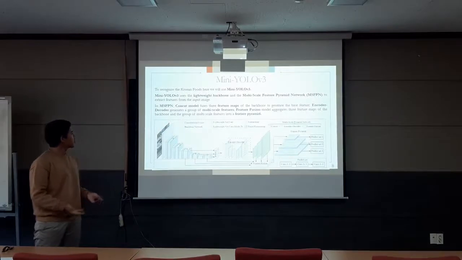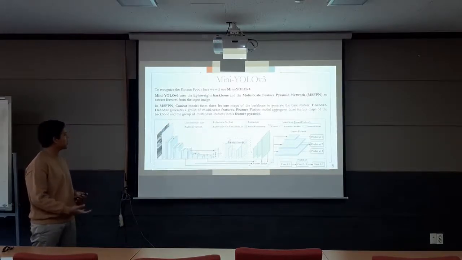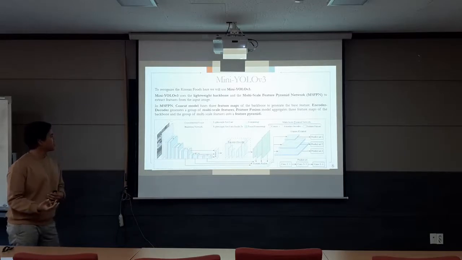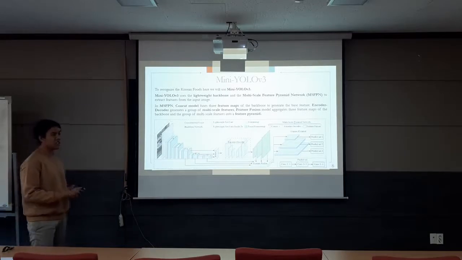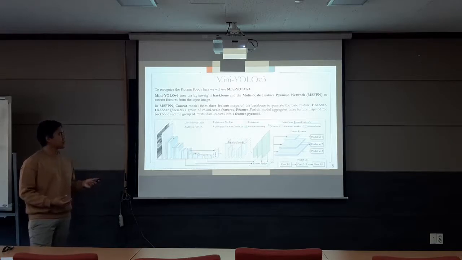To recognize the Korean food, here we will use Mini YOLO version 3. Mini YOLO version 3 uses a combination of a lightweight backbone and a multi-scale feature pyramid network.